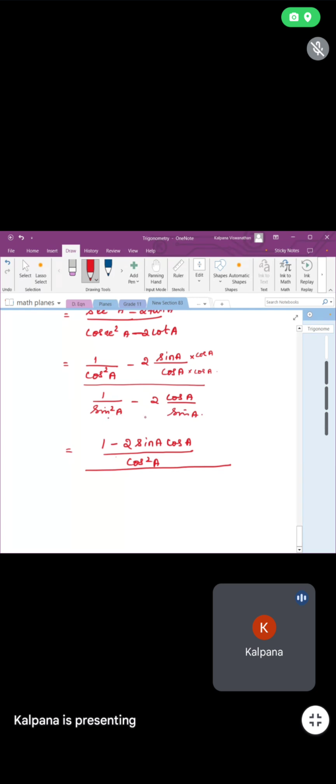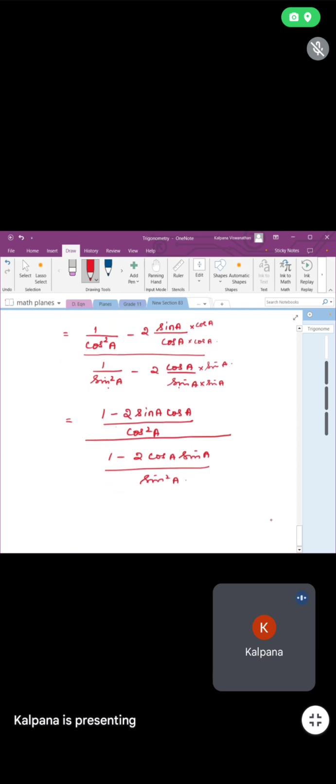Here you have sin square A and sin A. Sin square A is the LCM. So here you will multiply by sin A into sin A. So you will have 1 minus 2 cos A sin A divided by sin square A.